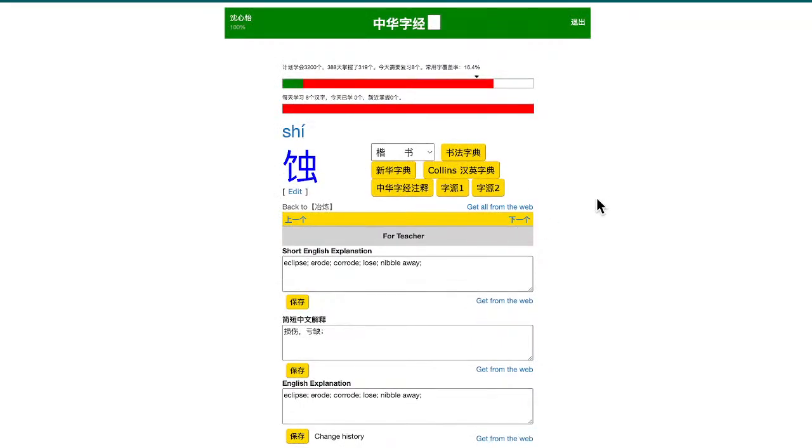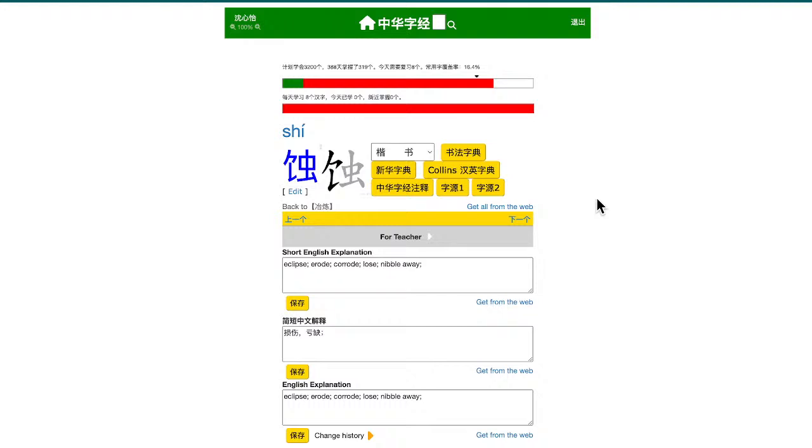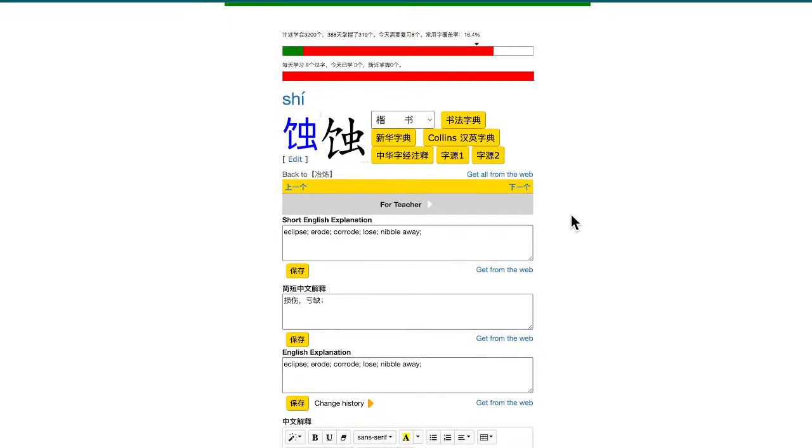Next one, 时. 时 means eclipse, like a lunar eclipse, solar eclipse, things like that. They call it 时. Another meaning is erode, corrode, erosion.